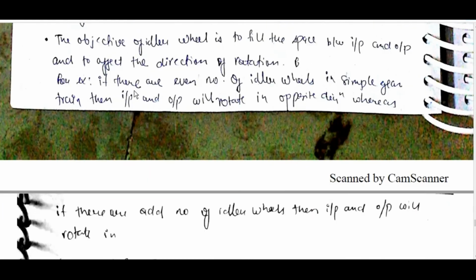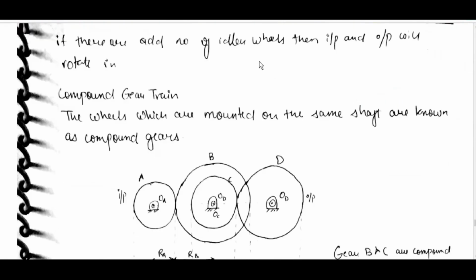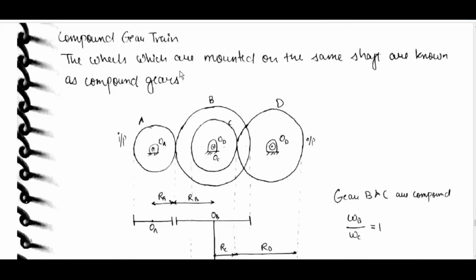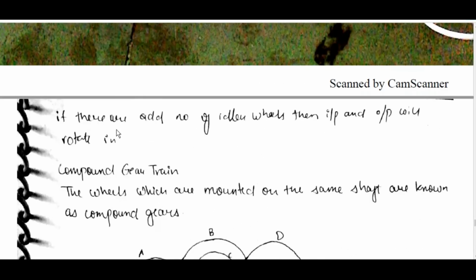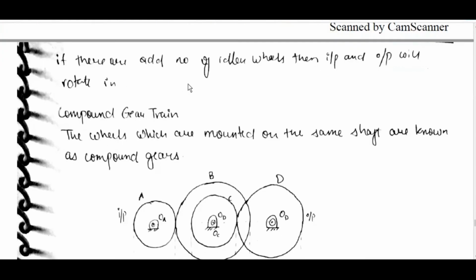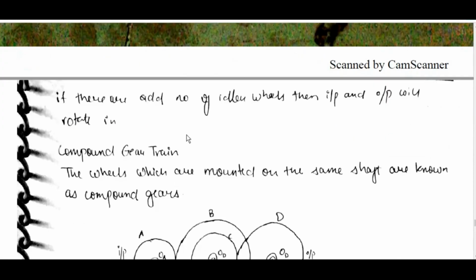For example, if there are an even number of idlers in a simple gear train, then input and output will rotate in the same direction, whereas if there are an odd number of idler wheels, then input and output will rotate in opposite direction.